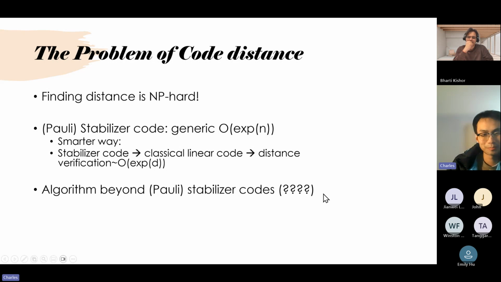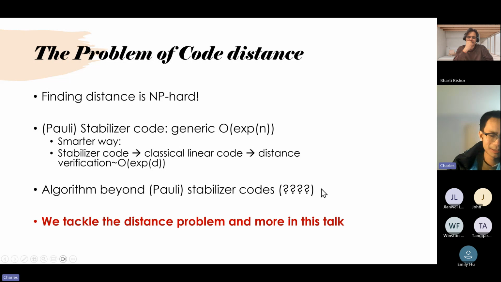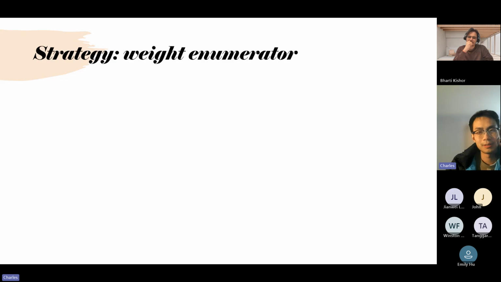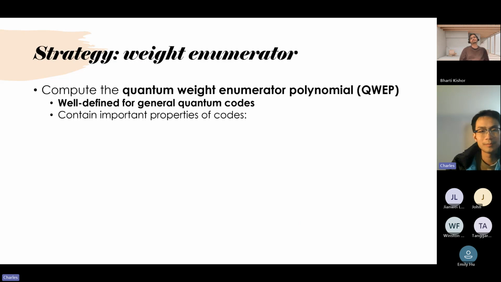Okay. So today we'll start off thinking about this distance problem, but we'll also talk about more than the distance. And the strategy essentially is to compute these so-called weight enumerator polynomials. So these are general coding theoretic objects that are well defined for these general quantum codes that need not be stabilizer codes.